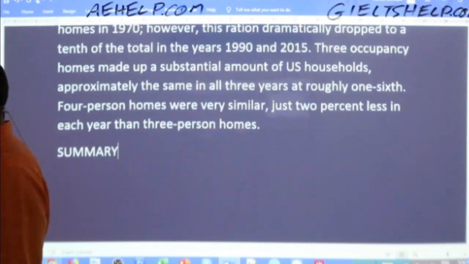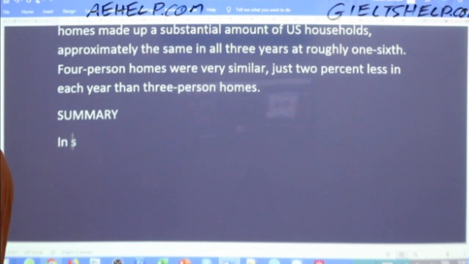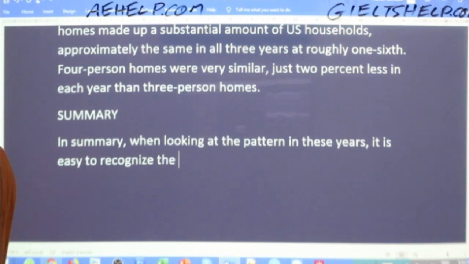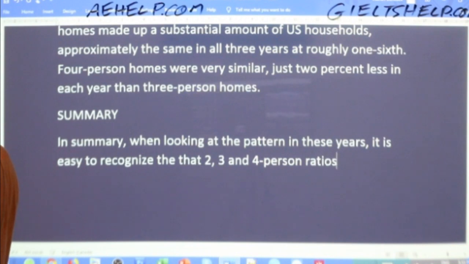Okay? Don't overthink it. So, in summary, when looking at the pattern in these years, it is easy to recognize that 2, 3, and 4 person ratios did not change much.